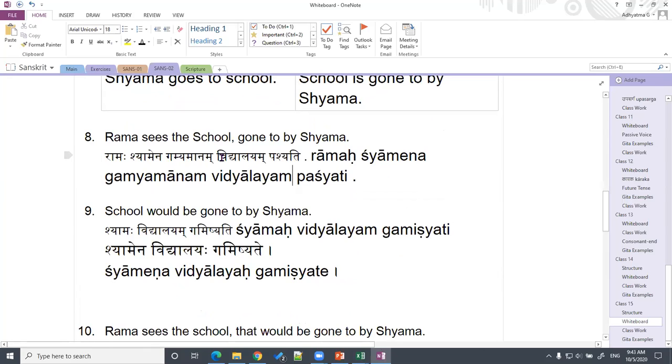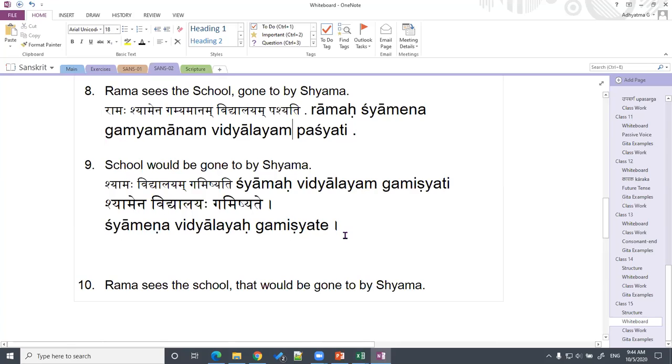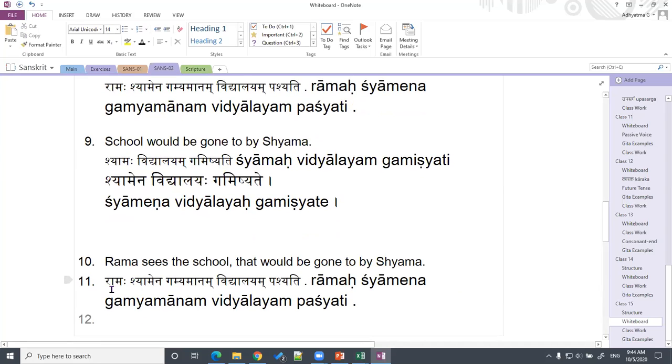Ramaha, because Rama is seeing the school. So first of all, you just see Ramaha Vidyalayam Pashyati. Rama is seeing the school. What kind of school? That which is gone to by Shyama. So Shyamena Gamyamanam Vidyalayam Pashyati. Now here, if I take the same sentence and want to make a future, then I will make it Gamishyamanam.